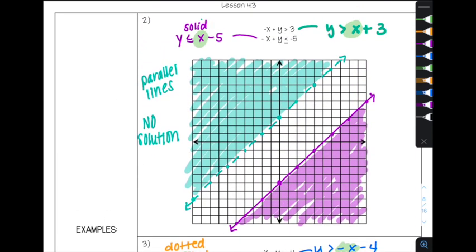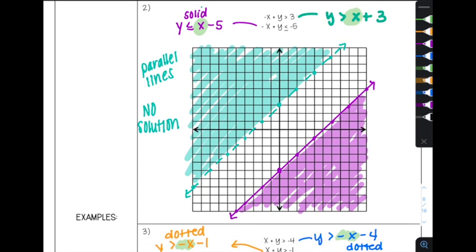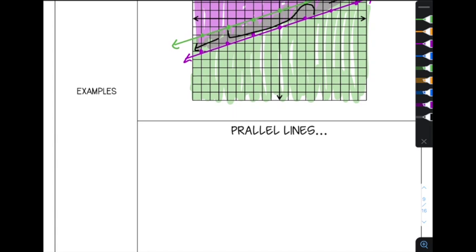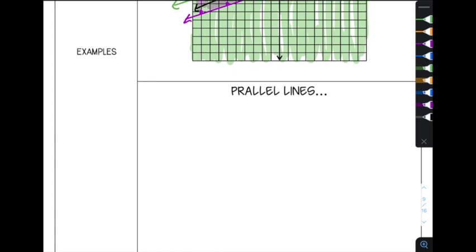Whereas in example number 2, we had no solutions. So with parallel lines in solving systems of inequalities, there are 2 different cases. The first one is going to be no solution, as we saw in example 2.